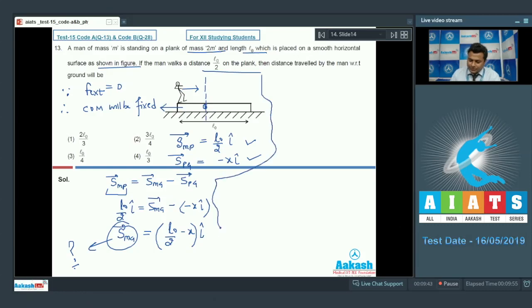Now let's talk about other things. The displacement of center of mass can be written as m1 into displacement of particle number 1 with respect to ground, that is S_MG, plus m2 into displacement of particle number 2 with respect to ground, S_PG, divided by m1 plus m2.